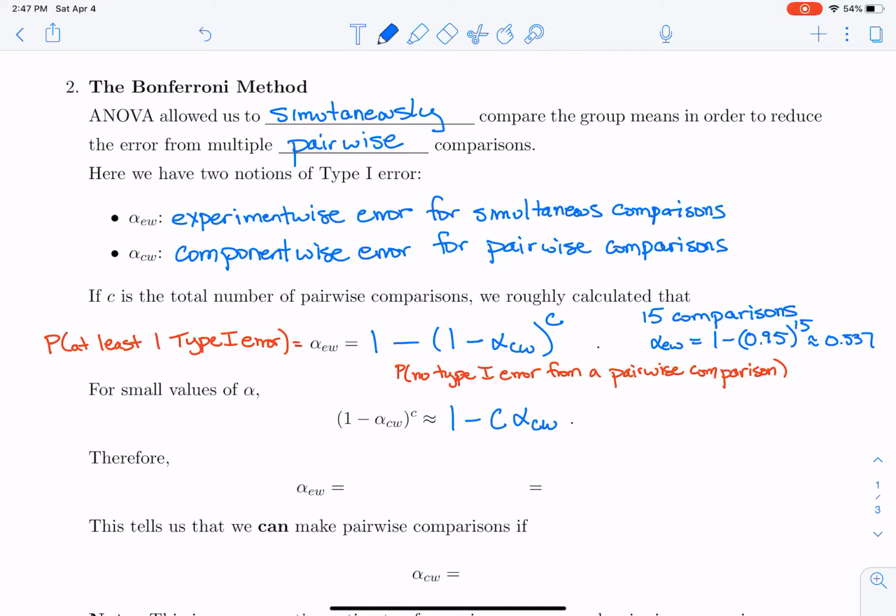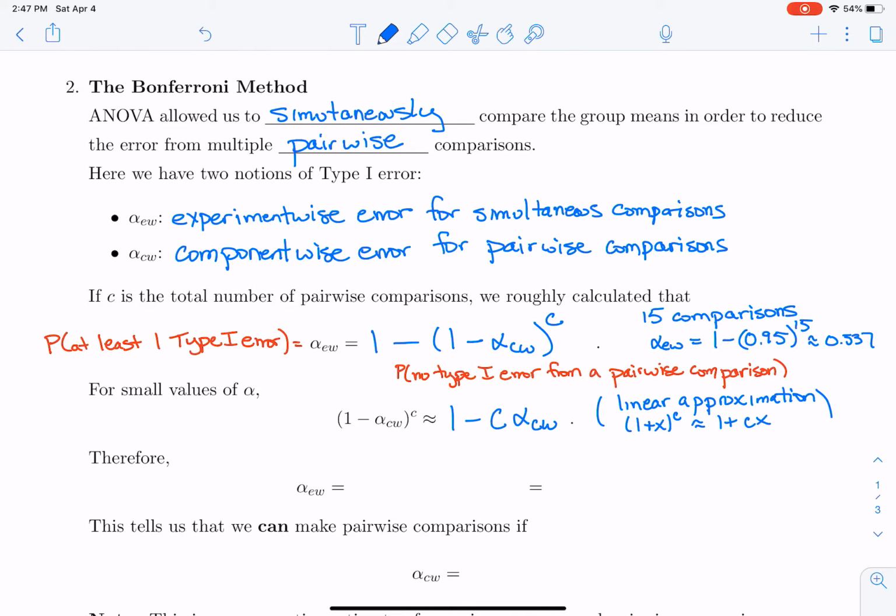Okay, this is done using a linear approximation or a first-order Taylor series, if you like. We're saying that 1 plus x to the c power is approximately 1 plus c times x. Therefore, we can find a more simple relationship between our experiment-wise error and our component-wise error.